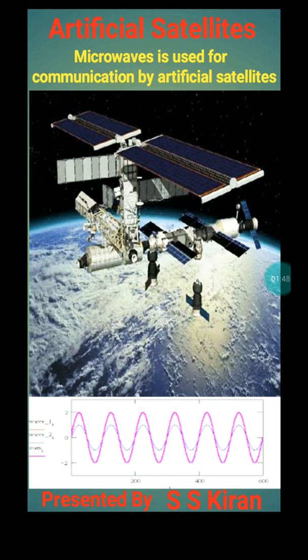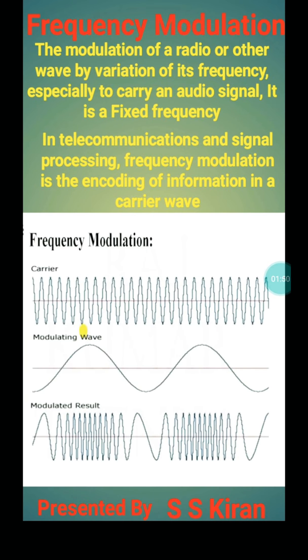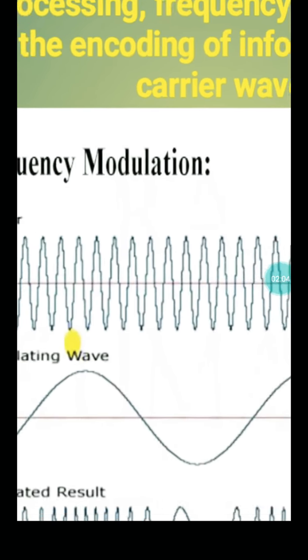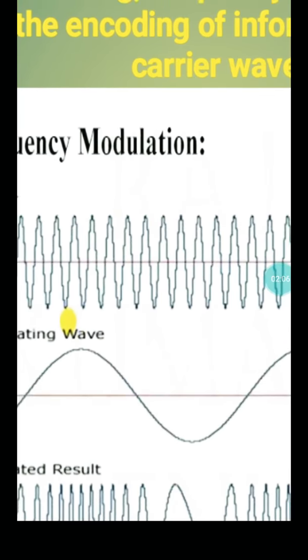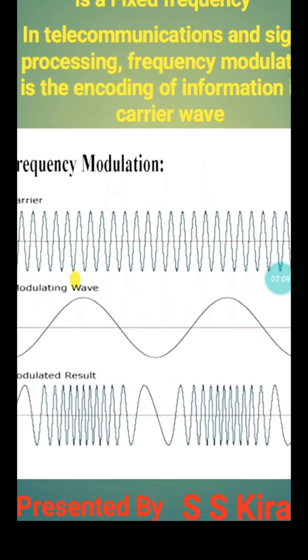Now the next discussion: frequency modulation. It is the modulation of a radio or other wave by variation of its frequency, especially to carry an audio signal. Let us see: this is the carrier signal, this is the modulating signal, and after that the modulated resulting signal.